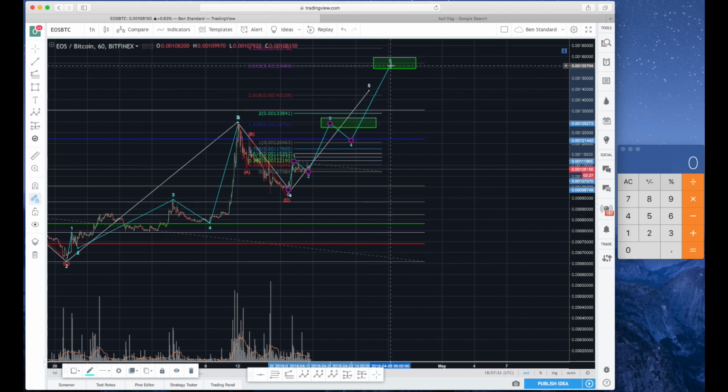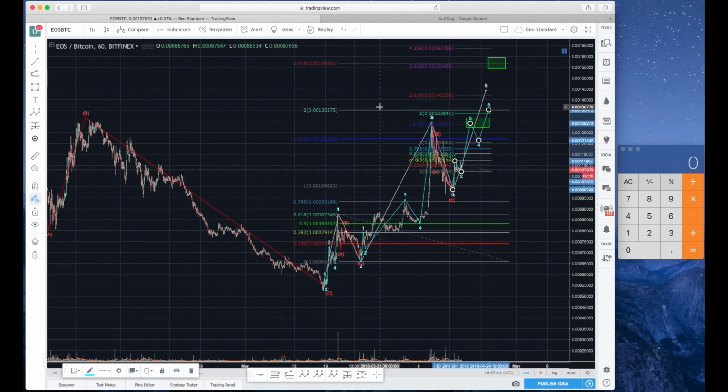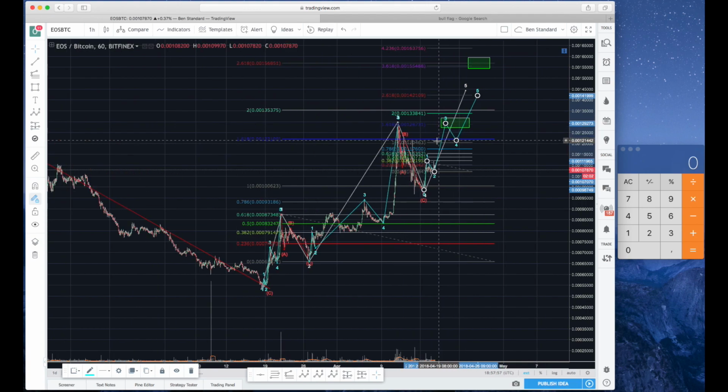I mean, it could even go up here, but I'm gonna be conservative, like I said, and target around this area or this area. So I'm gonna choose the 2.618 because I think the fifth wave is gonna be a little longer, a little higher up than the third wave.